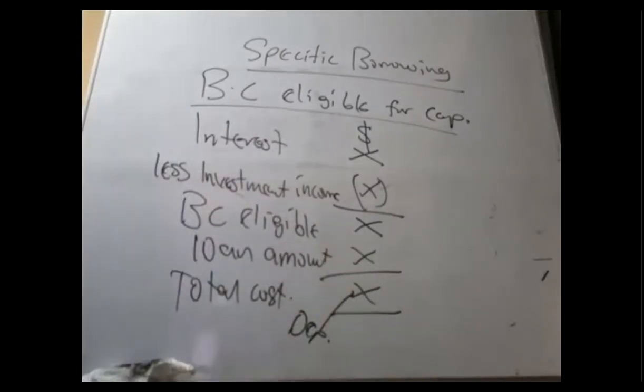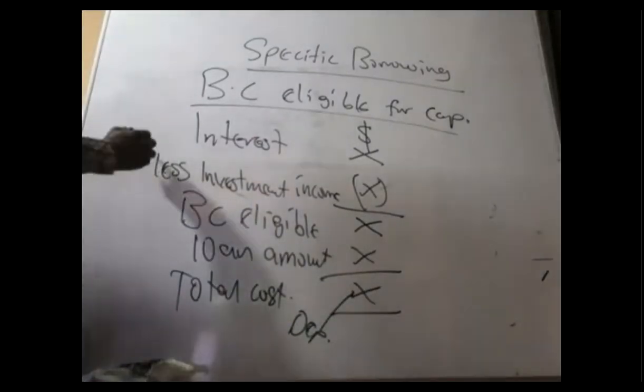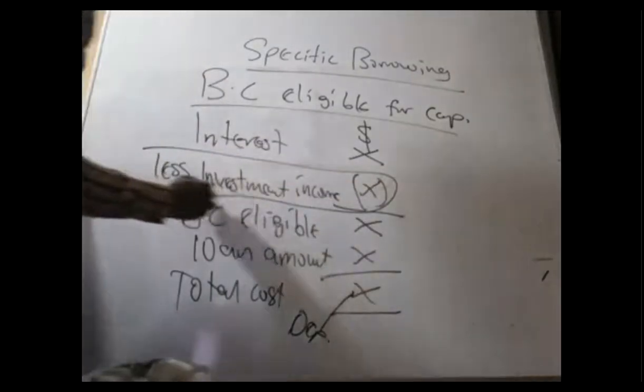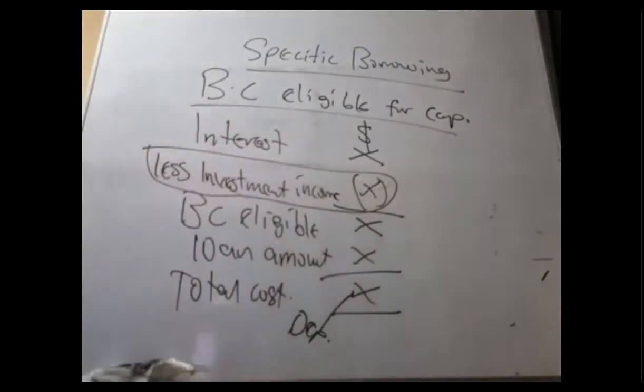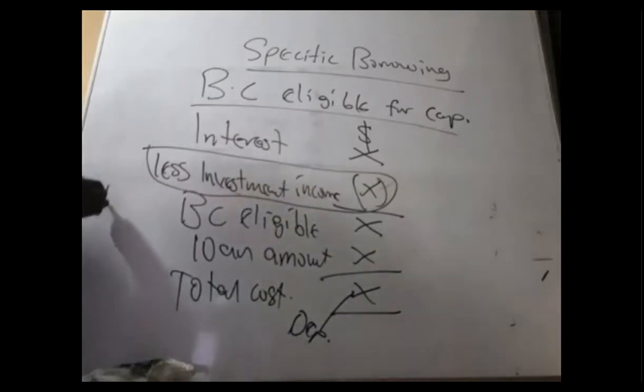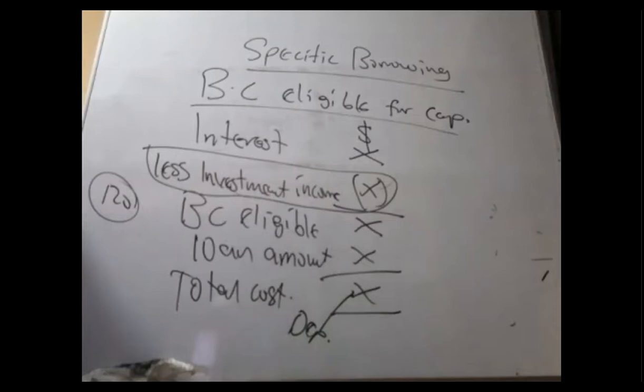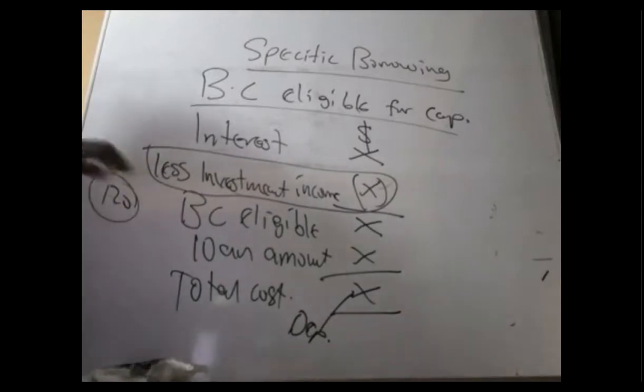Now, why do we subtract investment income? You took $120,000 from the bank to construct an office complex. Probably you didn't spend all the 120,000 at once. The money was spent bit by bit.